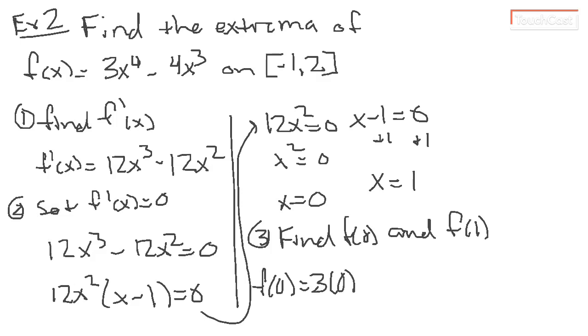3 times 0 to the 4th minus 4 times 0 cubed. Well, 0 to any power is 0. And if you multiply something by 0, you're going to get 0. So f of 0 is going to just give us 0. Let's also find f of 1 while we're here, and then we'll make some more space to continue our work.